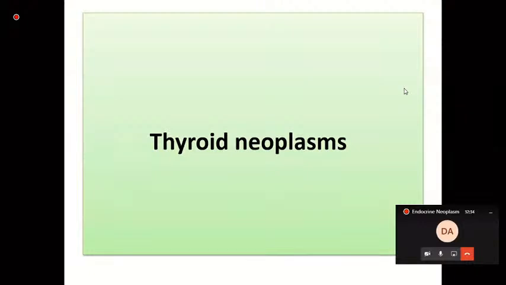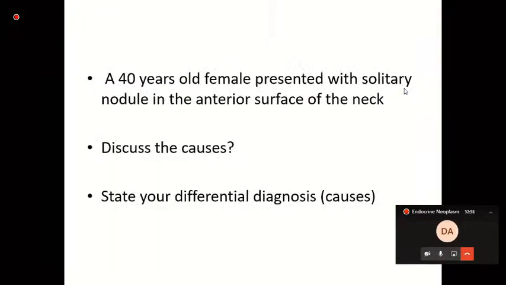Okay, so now thyroid neoplasm. I will give cases. A 40-year-old female presented with a solitary nodule in the anterior surface of the neck. Discuss the cause. State your differential diagnosis.